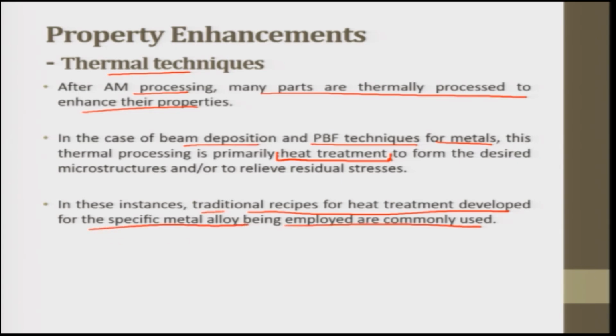In some cases, however, special heat treatment methods are also developed to retain fine grained microstructure within the rapid manufactured part while still providing stress relief and ductility enhancement.